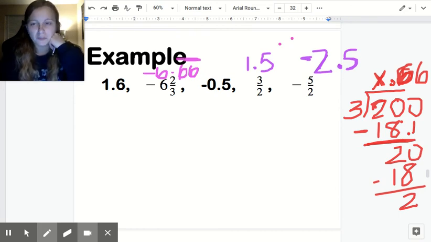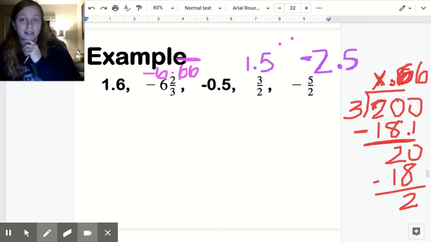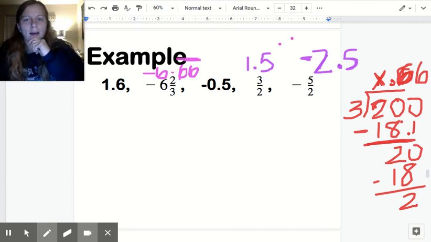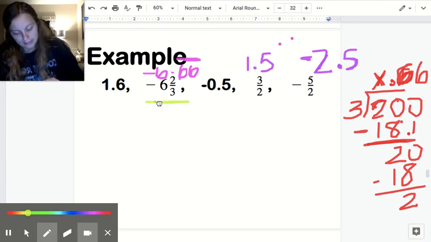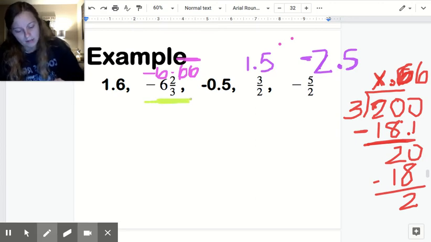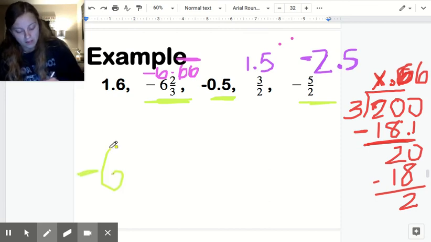I'm looking for my smallest number, which really looks like my biggest negative. But because we're going backwards, it's actually the smallest. So my negatives are -6.6 repeating, -0.5, or -2.5. Well, -6 is the biggest there, even if there's stuff hanging off of it.